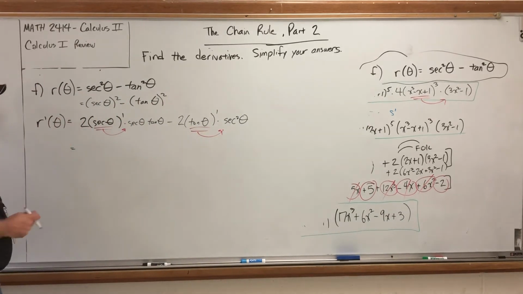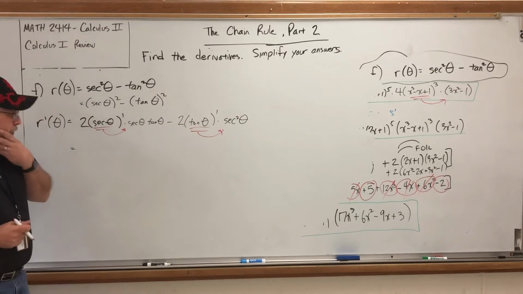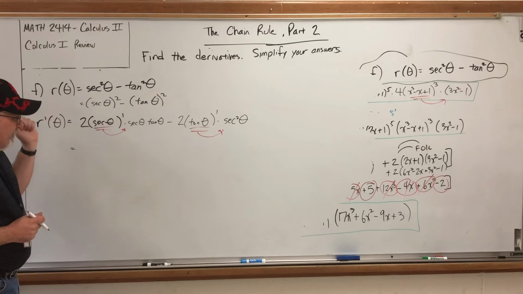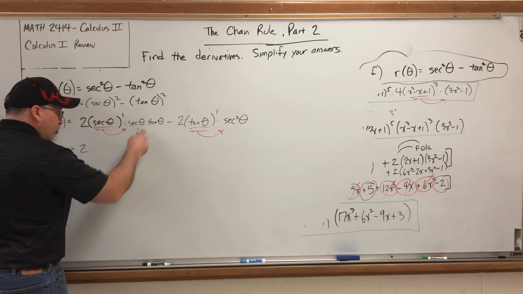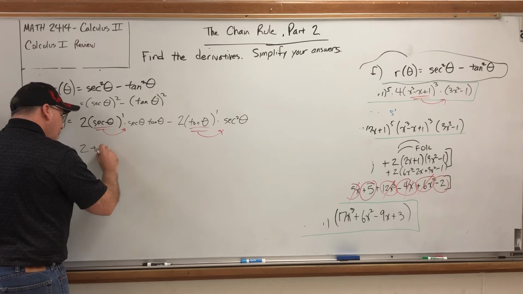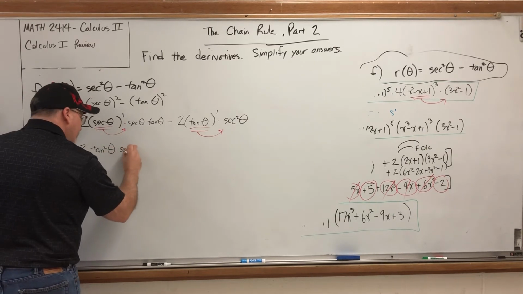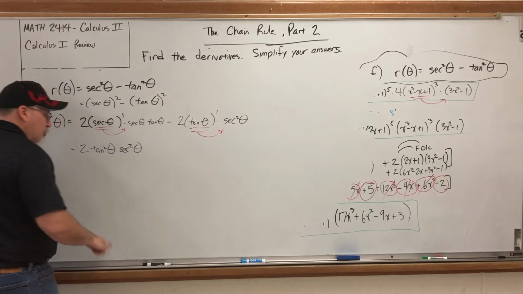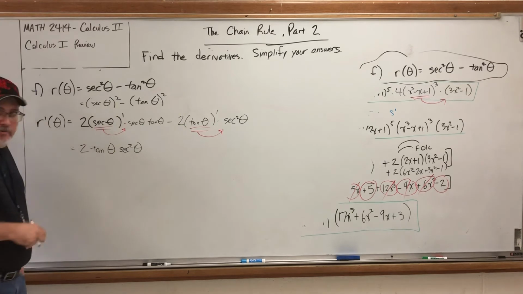Just like in the previous example, we have a subtraction problem with 2 chunky halves. Let's see if we can clean them up a little bit. The left half of the subtraction problem, we have a 2. We have a tangent, only one of them. But we have a secant times a secant, and that makes a secant squared theta. And I don't know why I wrote a square on this tangent. I must have been thinking too far ahead.